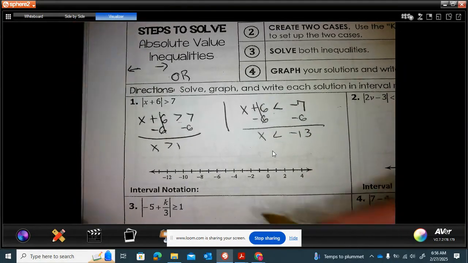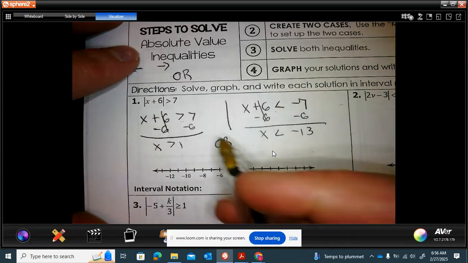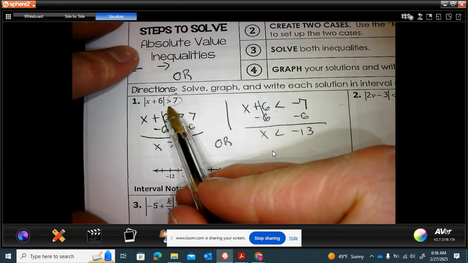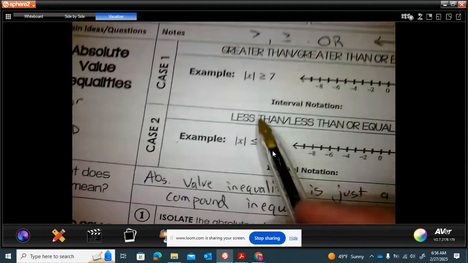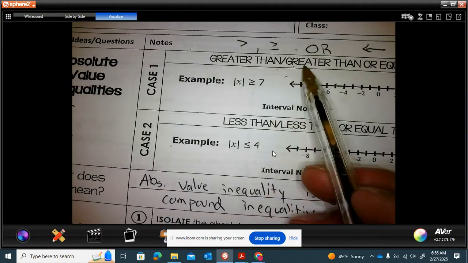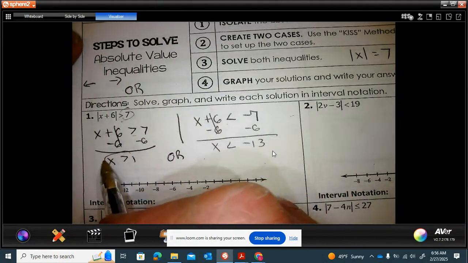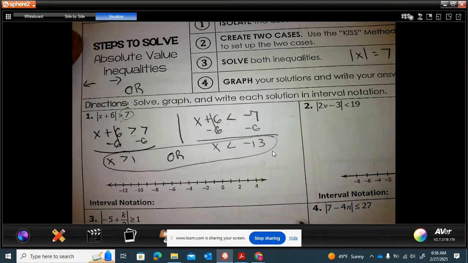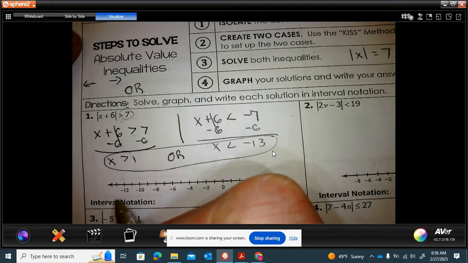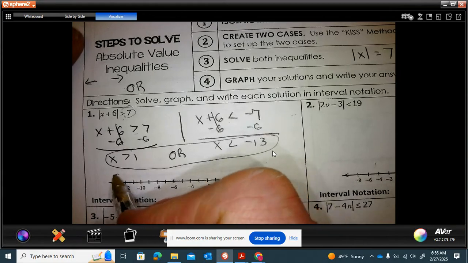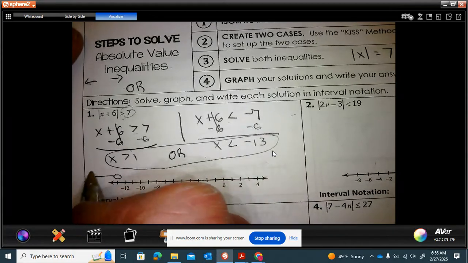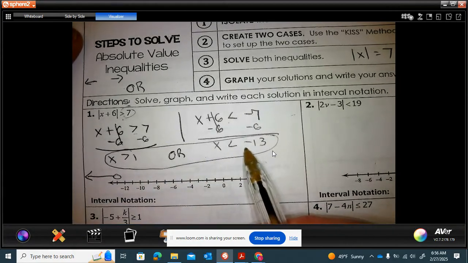Again, I know it's going to be an or because of the way it was written at the beginning. Greater than is always or. So this would be my answer. At negative 13, which would be all the way over here, I have an open circle and it's shaded that way because x is less than negative 13.